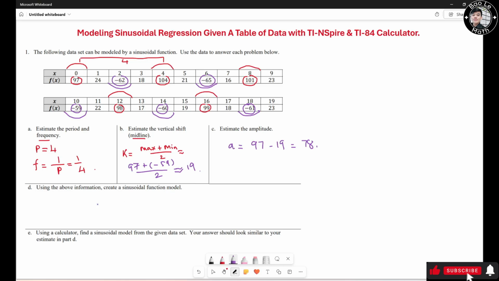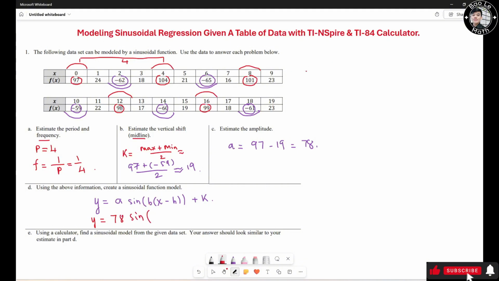Now using the above information to create a sinusoidal function model. We know that the sinusoidal function should be y equals a times sine of b(x minus h) plus k. Now we substitute values: the amplitude equals 78, so it could be 78 sine of, now we need to solve for b.